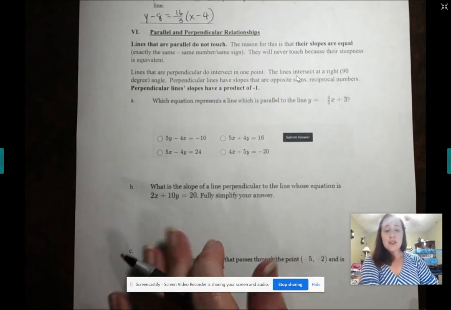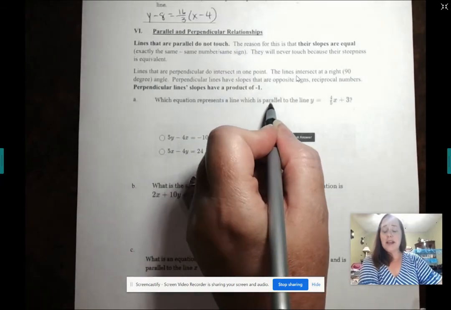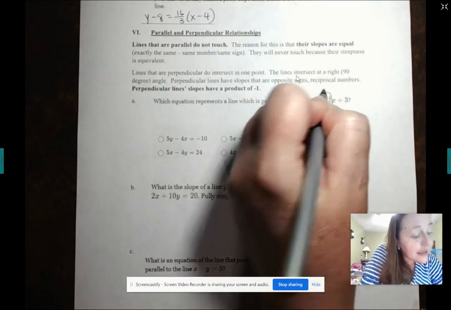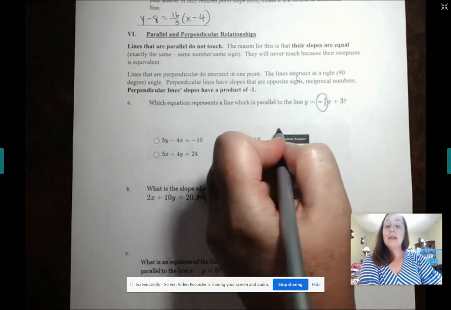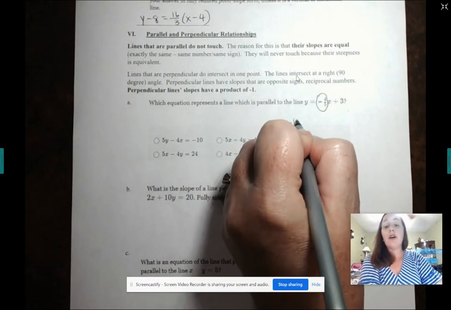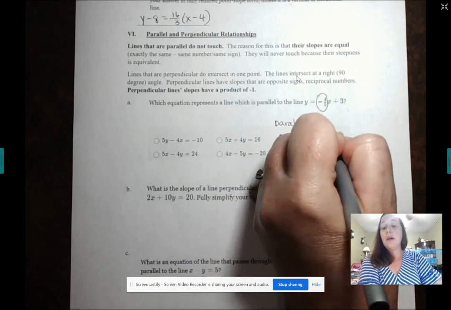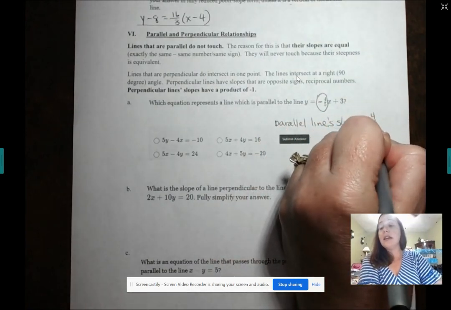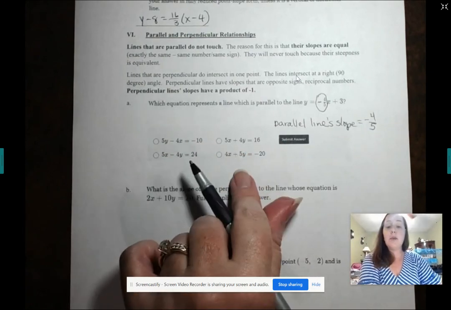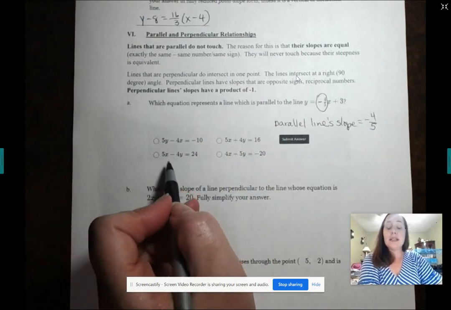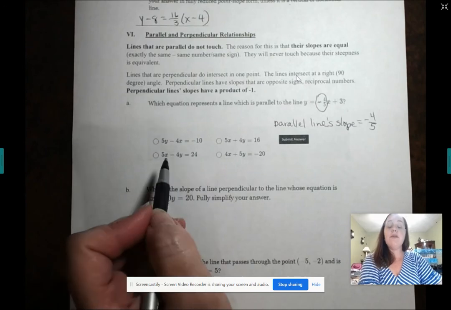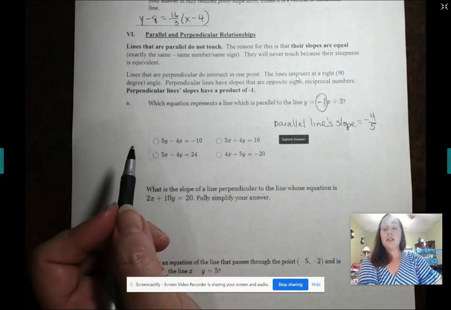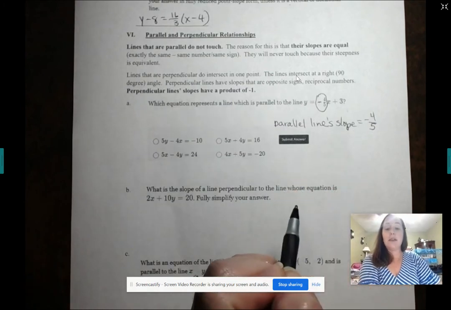So let's look at this. It says, which equation represents a line that is parallel to this line? Now, if you look at this, the slope is -4/5. That means the parallel line should also have a slope of -4/5. So we just need to look at these equations, which are all in standard form, and pick the ones that, when we move the x's to the other side and then divide by the y coefficient, we should be getting -4/5.